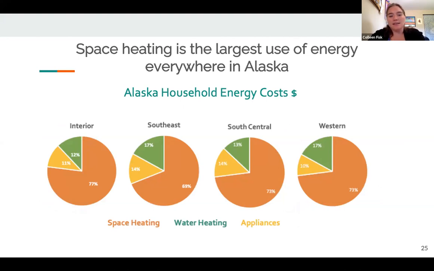You can see that 69 to 77%, depending on where you live, is going to be the cost for the heating. And that's an important piece. It's not just about our air quality, which is very important, our greenhouse gas emissions, which are also important, but that cost, especially when you start thinking about those who carry that energy burden of having to pay for that energy.